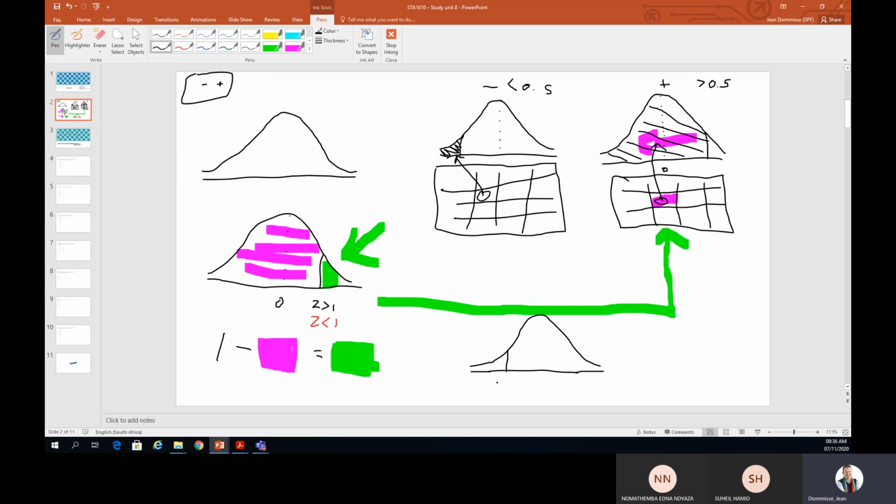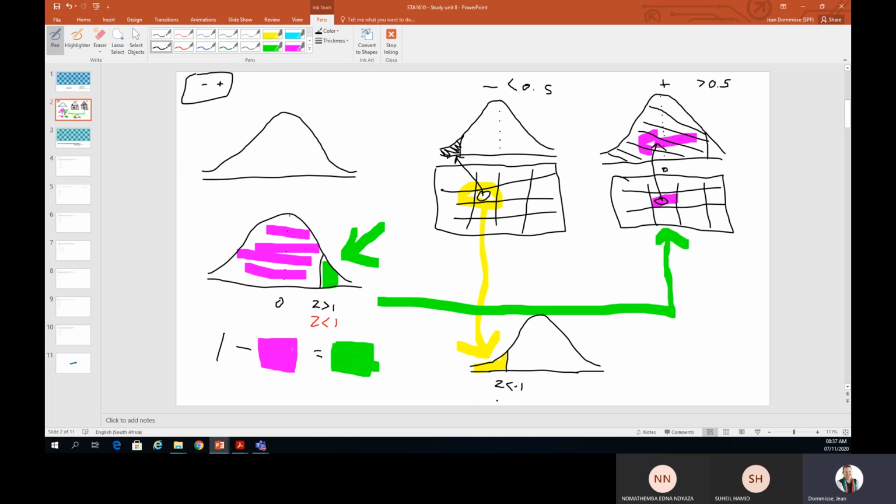Let's say Z smaller than negative 1. If it is smaller than negative 1, I want that area. So whatever is in the negative table is exactly what I'm looking for. So then again, just read off the table.